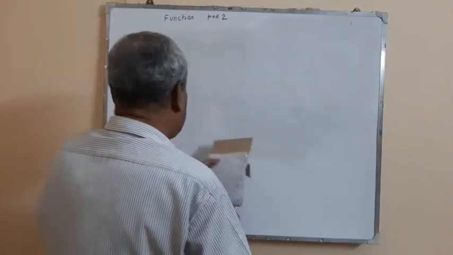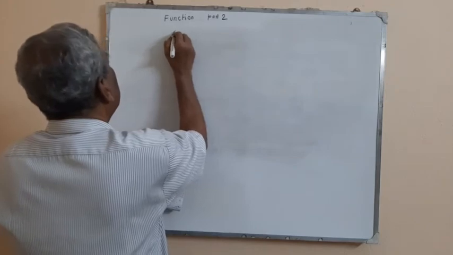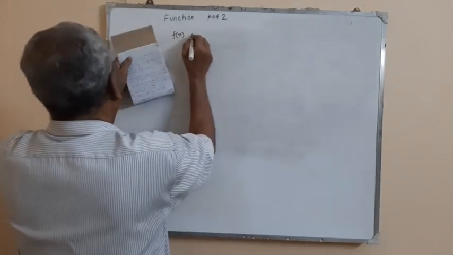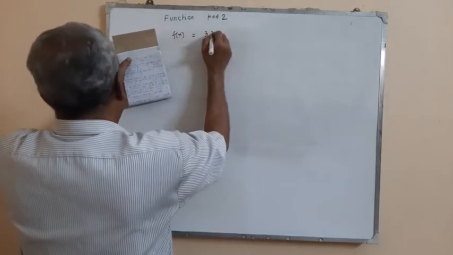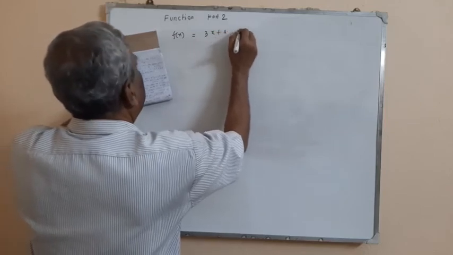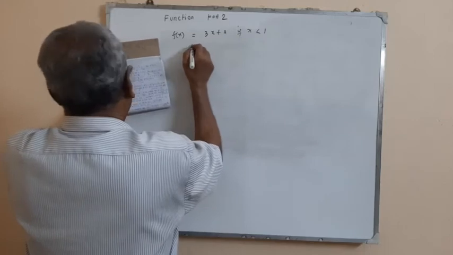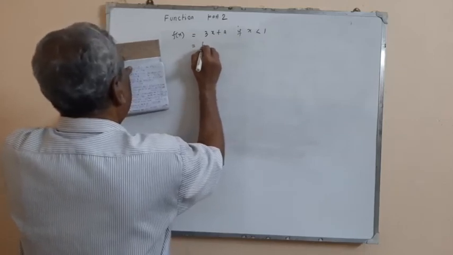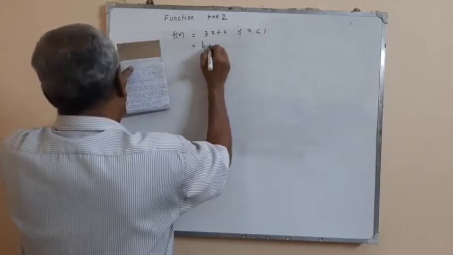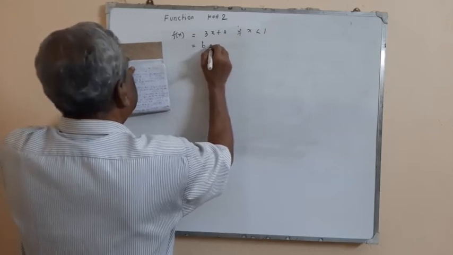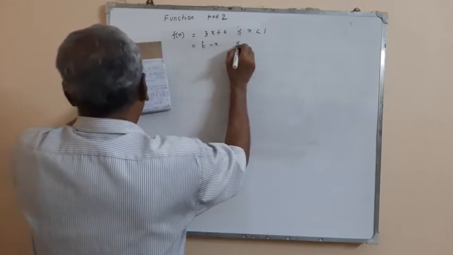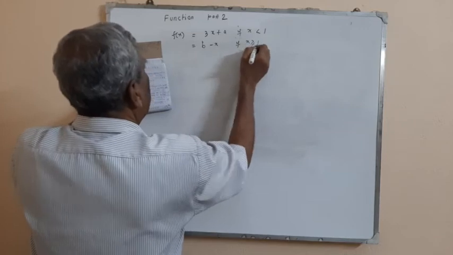If f(x) is equal to 3x + a if x is less than 1, and it is equal to b - x if x is greater than or equal to 1.